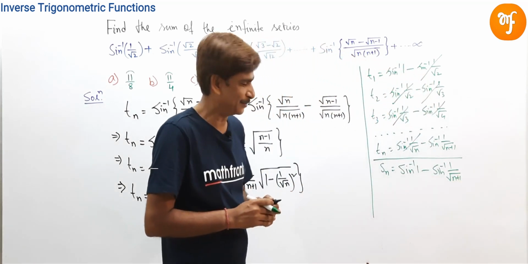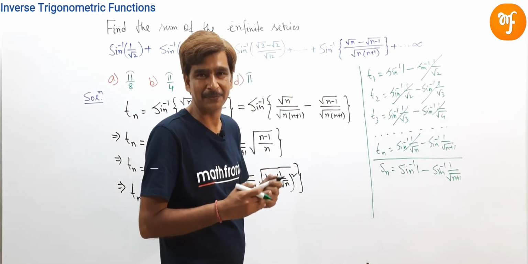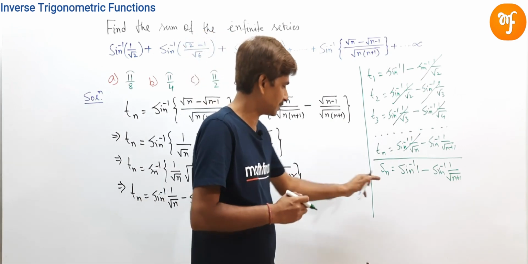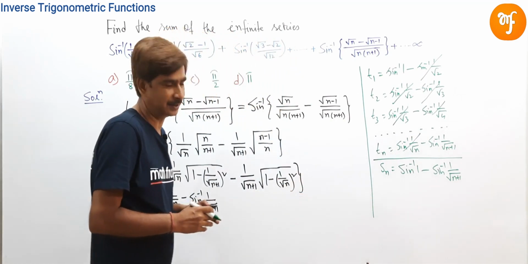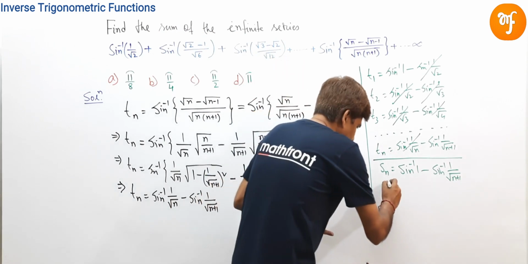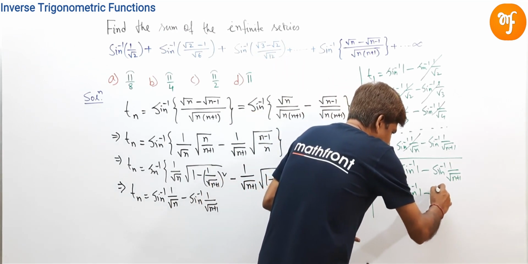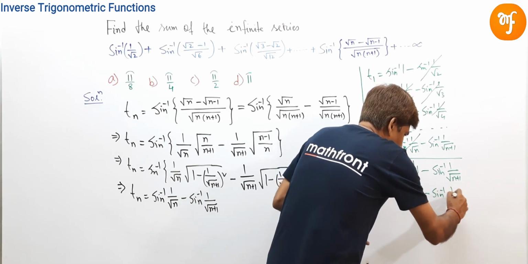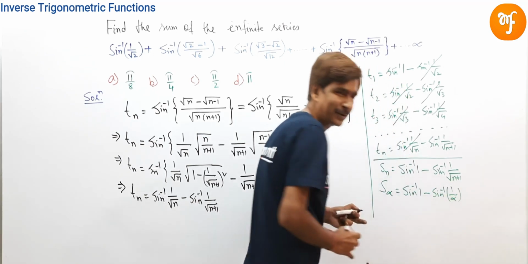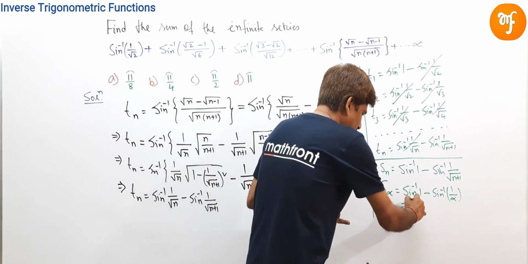Okay. Now, what is S infinity? As we have to find S infinity, just substitute n by infinity. So, substituting n by infinity, we get S infinity as sine inverse of 1 minus sine inverse of 1 by infinity. Okay. So, what is the value of sine inverse of 1?